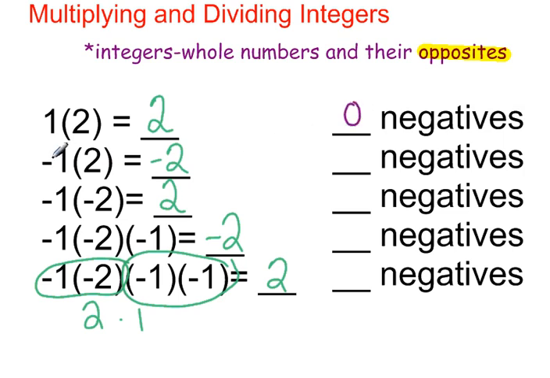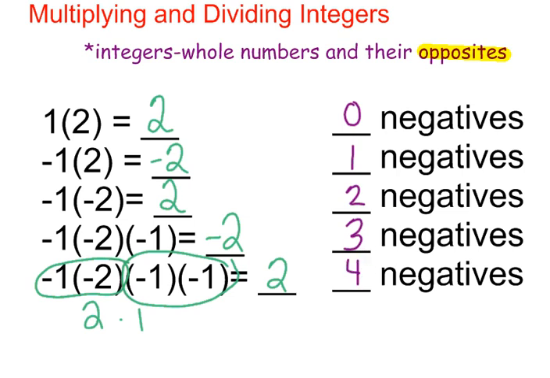There was 1 negative here. 1, 2. See, there were 2 negatives in this problem. 1, 2, 3 negatives in that problem, and 1, 2, 3, 4 negatives in this problem.